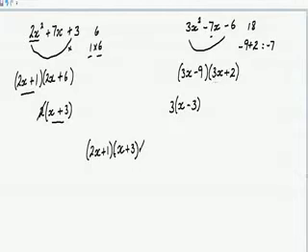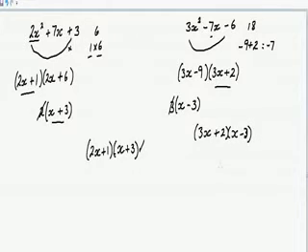Now 3 and 2, there is no number that will go into 3 and 2 other than 1. So that is a finished bracket. So my two brackets, remember I have no interest in that 3, so my two brackets are 3x plus 2 and x minus 3.